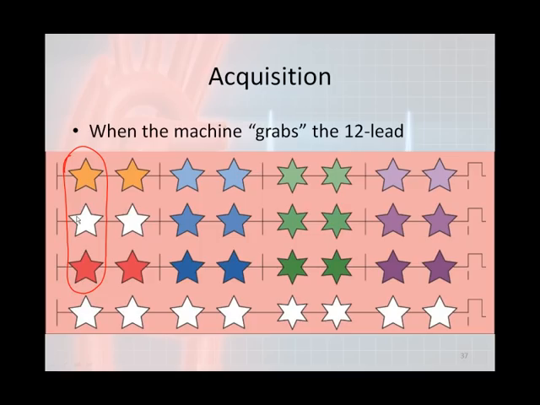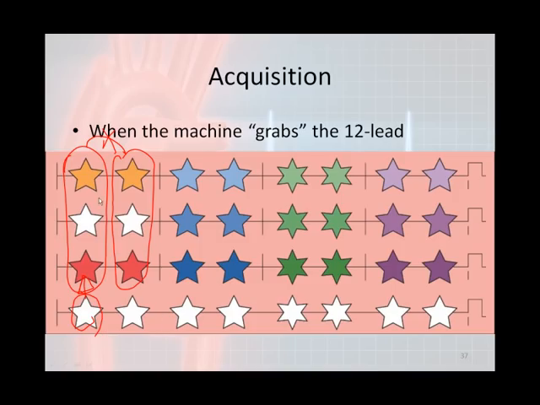Since it was printing at the same time, these 3 beats are related to each other, but this complex and this complex are not related. This is called the temporal relationship. This beat right here corresponds with every single beat above it. This is your rhythm strip down here on the bottom.